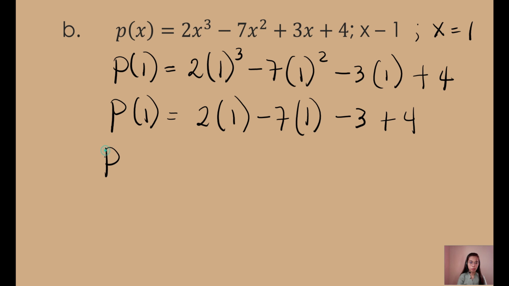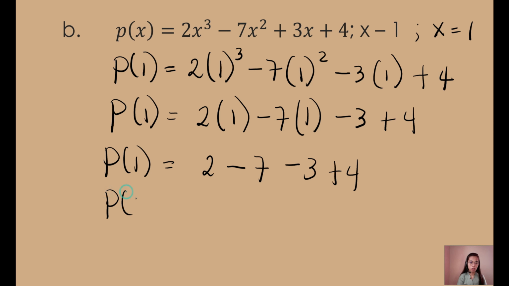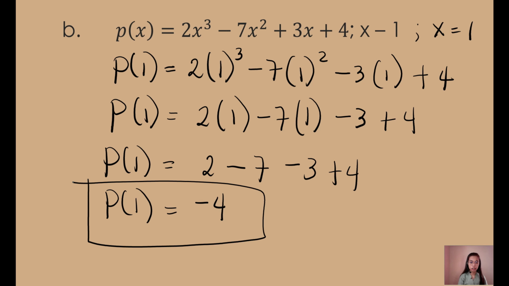Now we have p of 1 is equal to 2 minus 7 minus 3 plus 4, and that is equal to negative 4. Therefore, our remainder is negative 4. Okay? So, we are done with the remainder theorem.